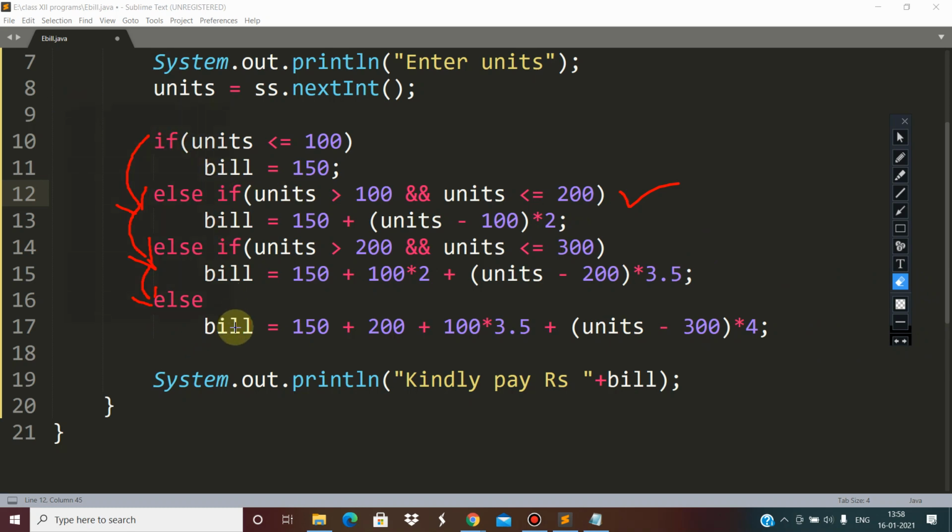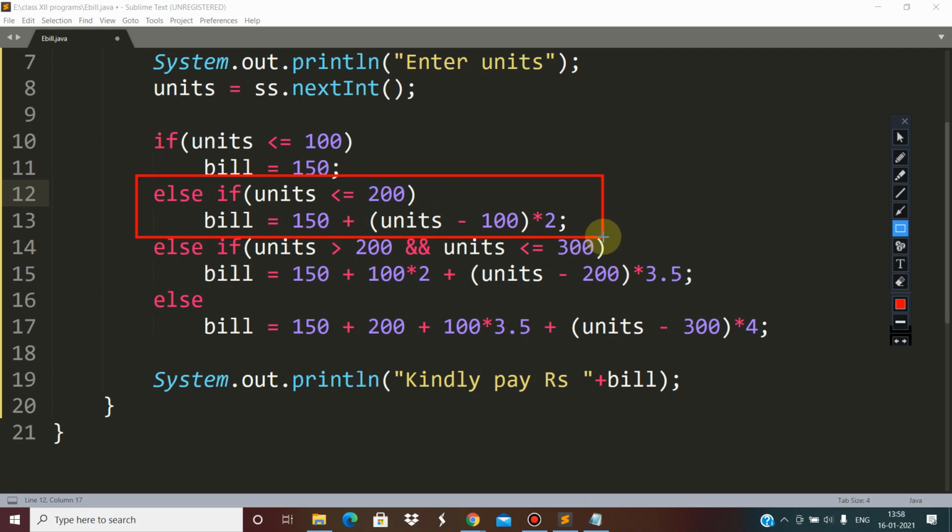I hope you people have understood. So now see, I have written if units are more than 100. Then what is the need of writing more than 100? Because only when units are more than 100, control will reach this condition. So what is the need of writing that?